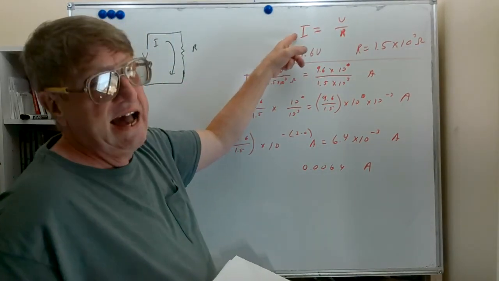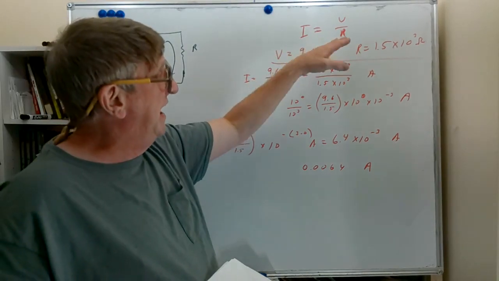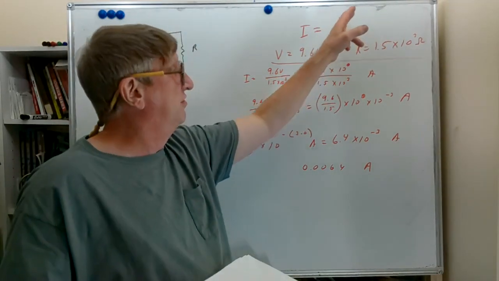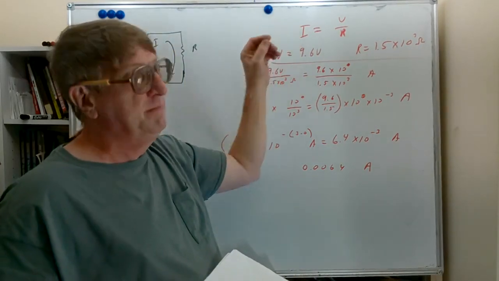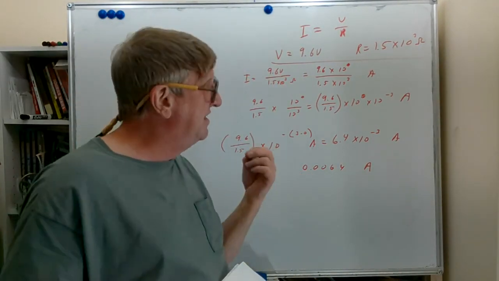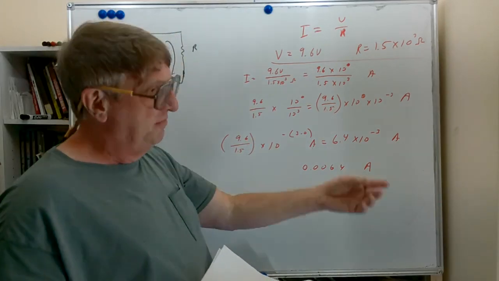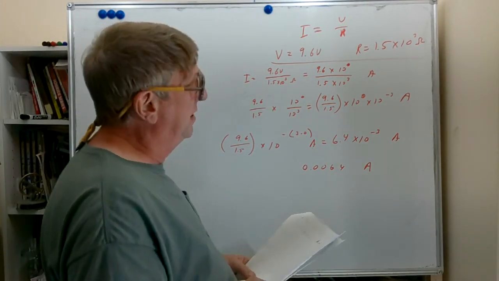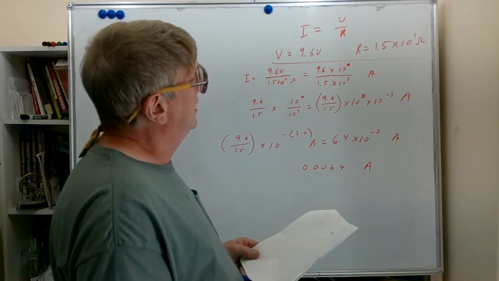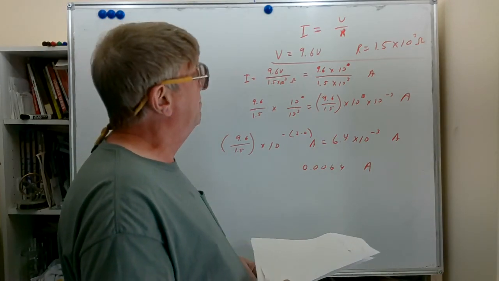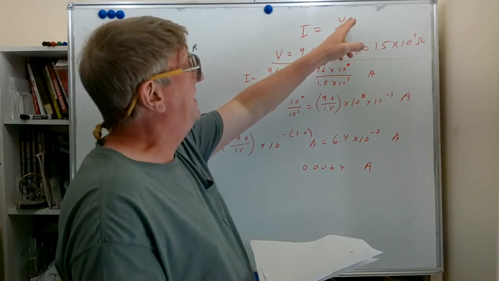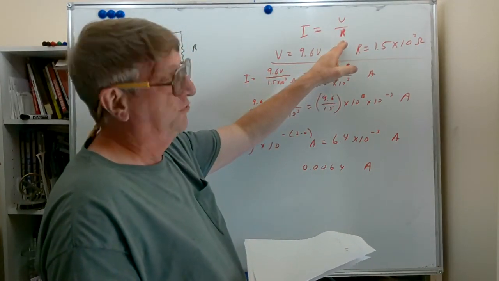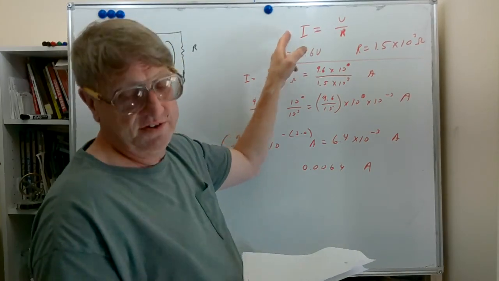By the way, I is current in amps when V is volts and R is ohms, but we use an I for intensity, the intensity of current, the amount of charge carriers flowing, the amount of electrons in a given time. V was voltage in volts, R was resistance in ohms, I was current in amps.